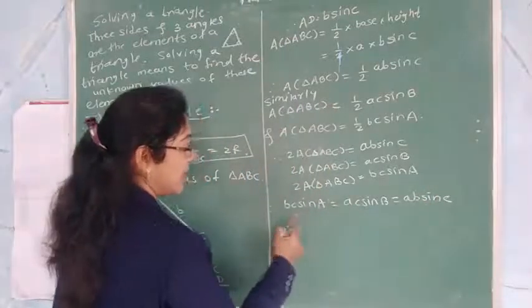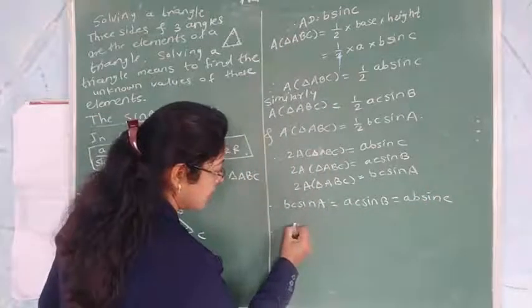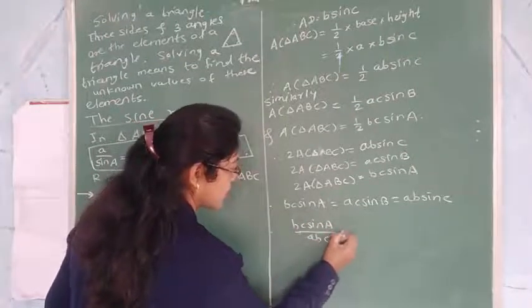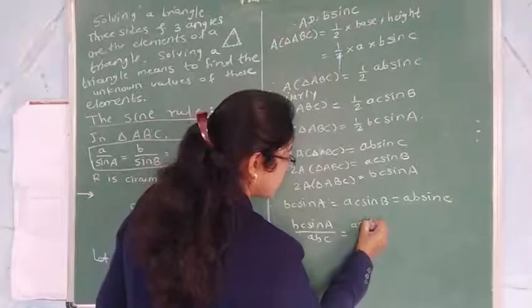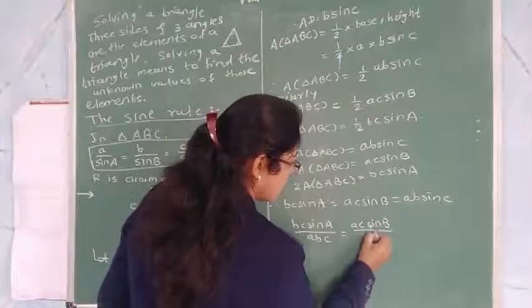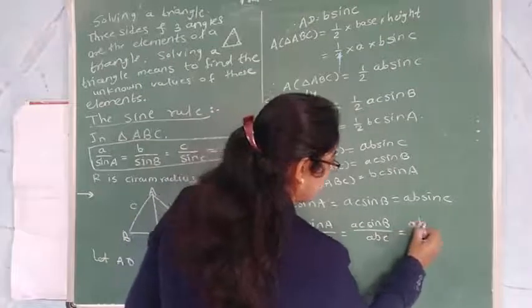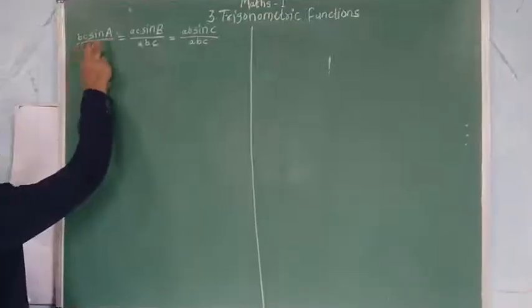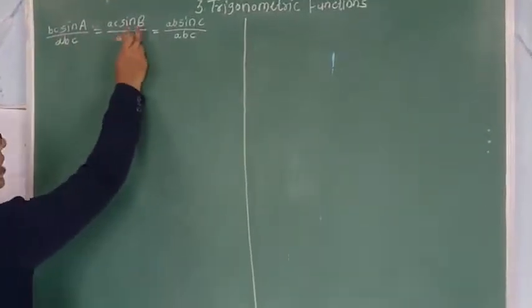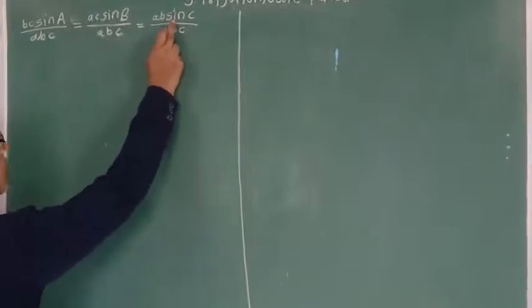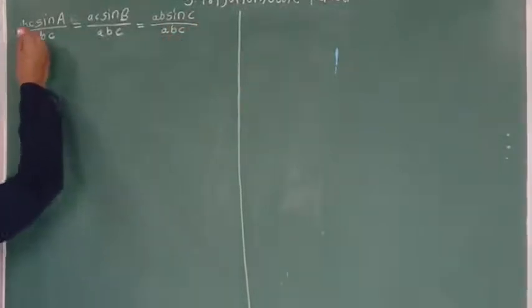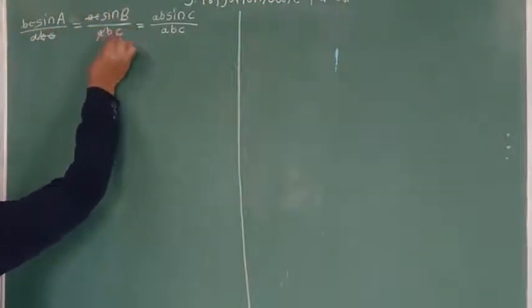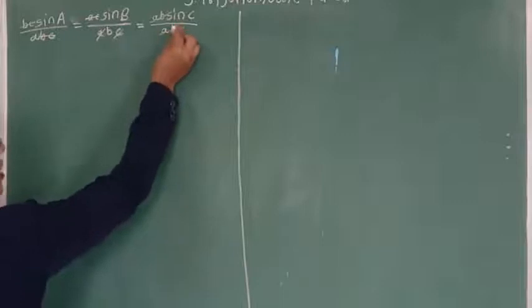Divide throughout by abc, small abc. So you get BC sin A upon abc is equal to AC sin B upon abc is equal to AB sin C divided by abc. Now here BC gets cancelled, AC gets cancelled, AB gets cancelled.